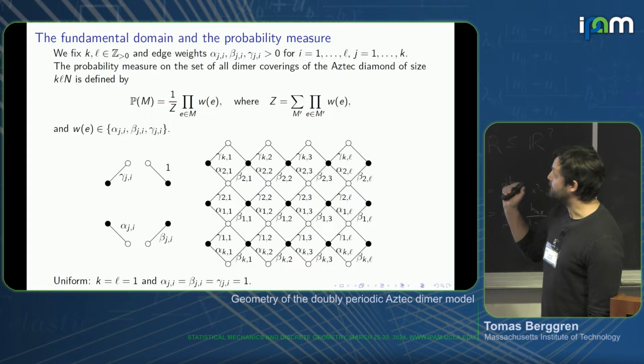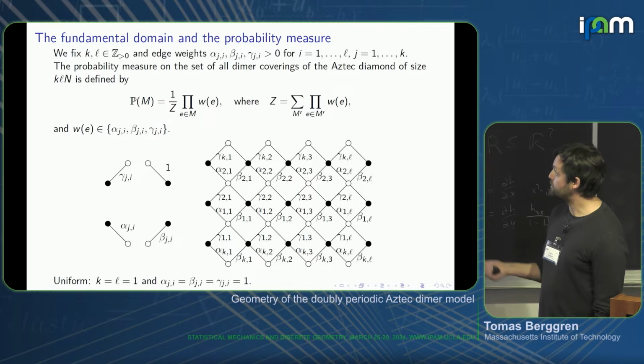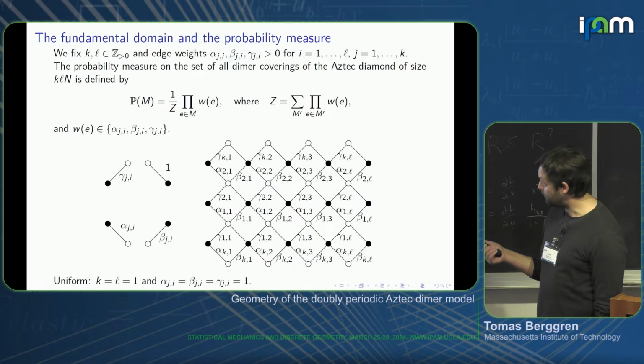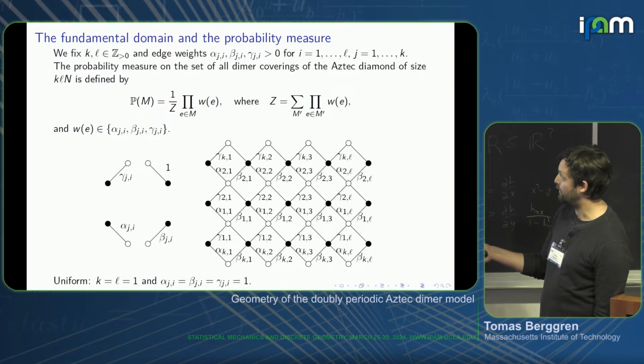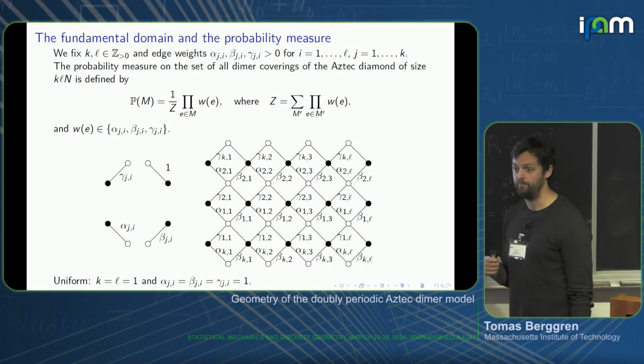And the probability measure is defined as follows. The probability of a dimer covering is the product over these edge weights, where the product runs over all edges in the dimer covering, and then we have a normalizing factor to make it a probability measure.